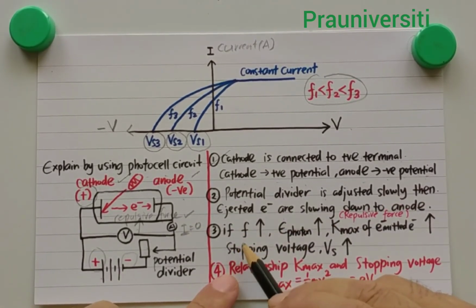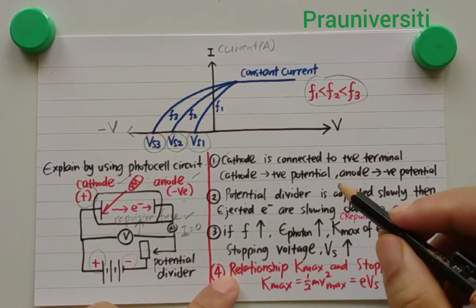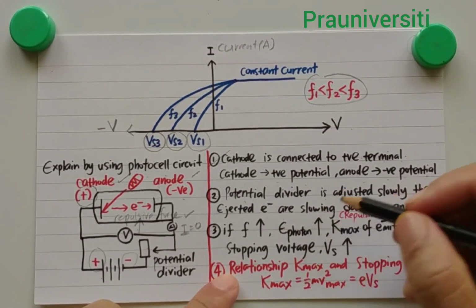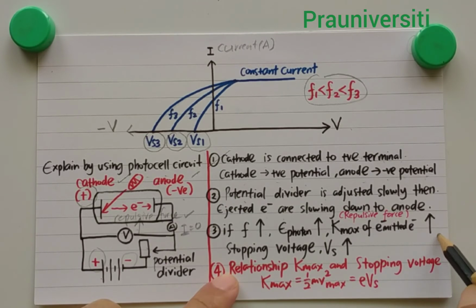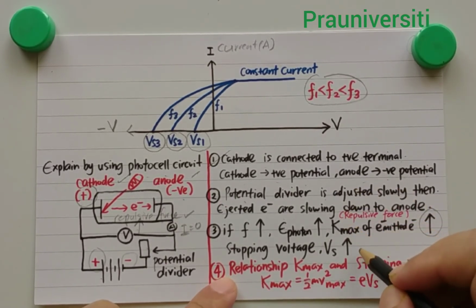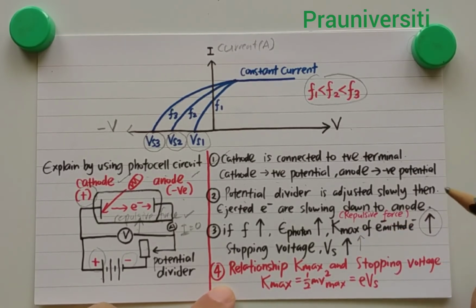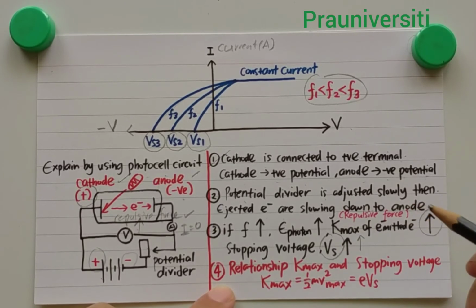If the frequency is higher, the energy of the photon is also higher. That means the maximum kinetic energy of the emitted electron is also higher, and of course the stopping voltage also becomes higher. That is how frequency affects the stopping voltage.